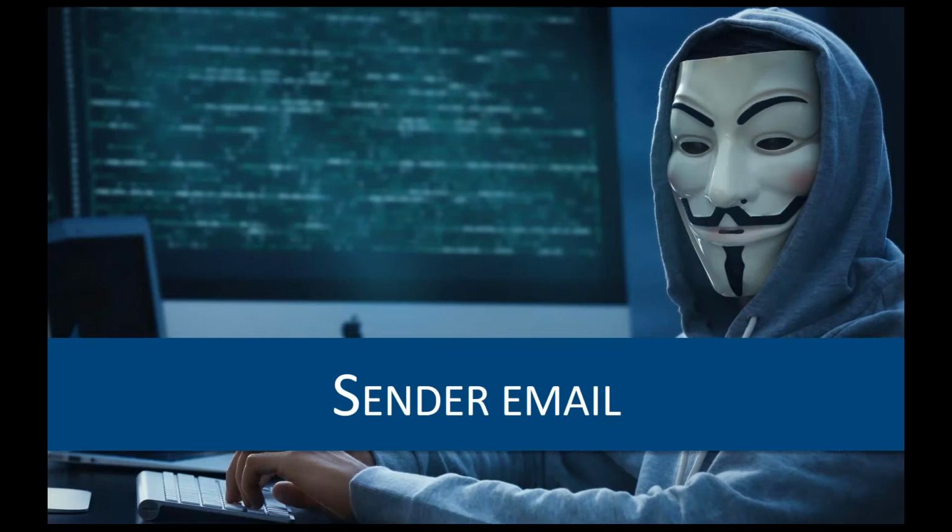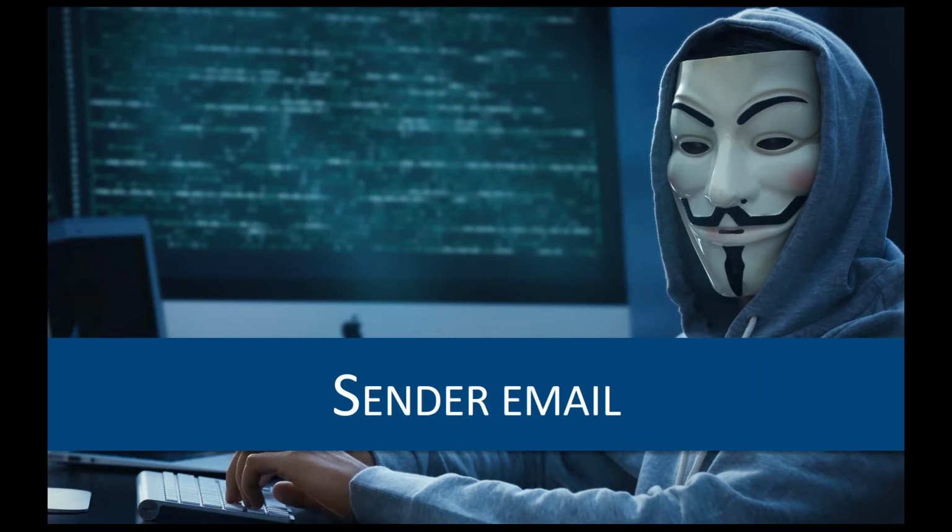There are really five S's that you need to pay attention to whenever you're checking your email. The first one is the sender's email. And I'm going to show you in a minute exactly how to do that. You're going to want to look at that email and hover over it. I could send an email on behalf of any one of you and put your name on it.